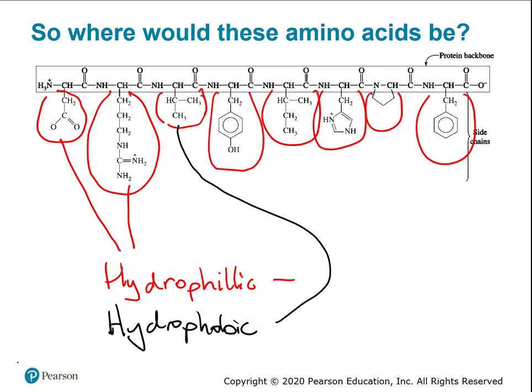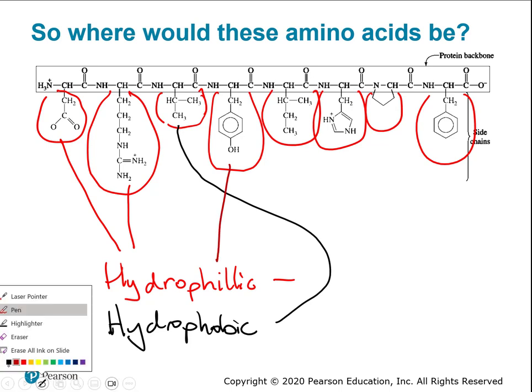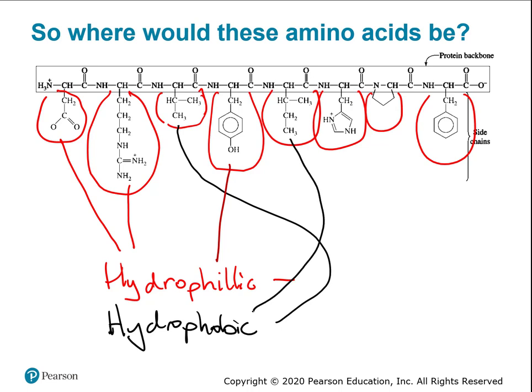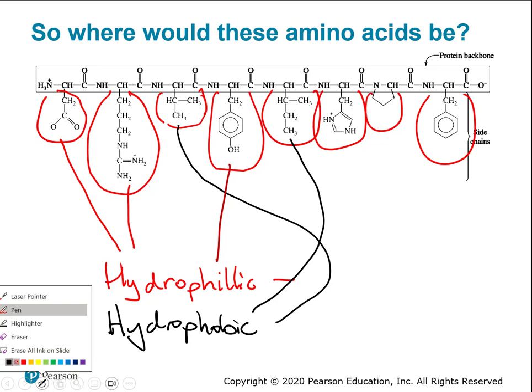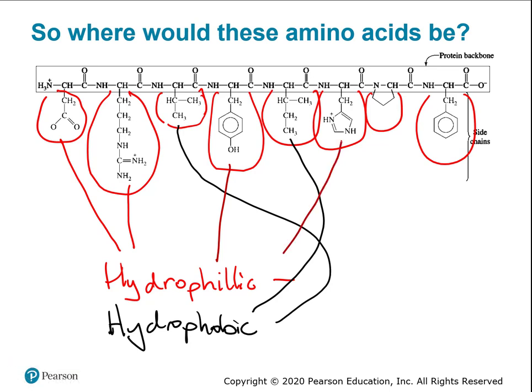So there's the carbon with that aromatic ring, but on the end is an OH, so that's going to make it hydrophilic. What about the next one? Hydrophobic, because can you see that it's nothing but carbons and hydrogen? Next one, hydrophilic. See that it's got a nitrogen. If it's got a nitrogen or an oxygen, then it's going to be hydrophilic and polar.